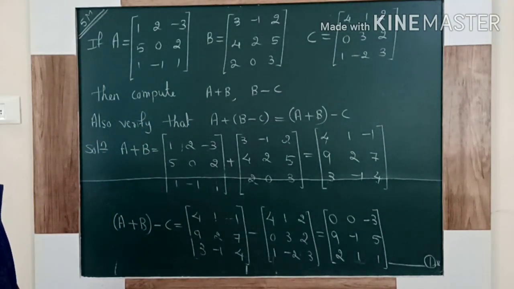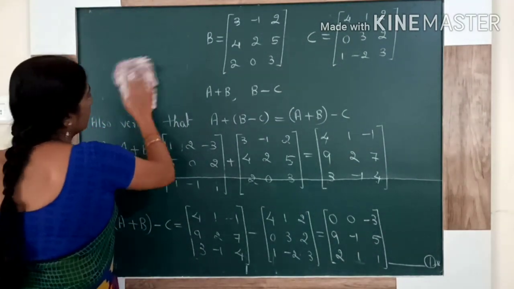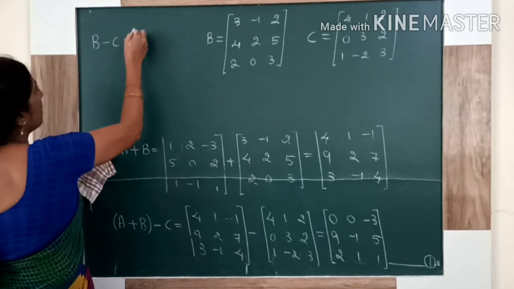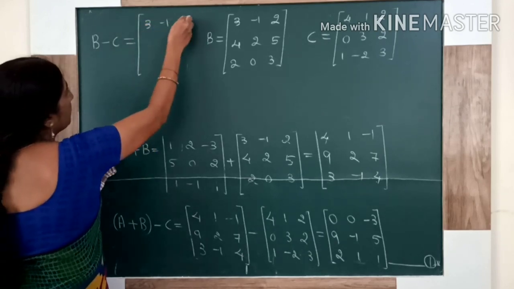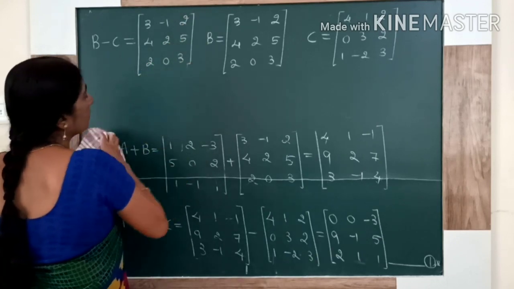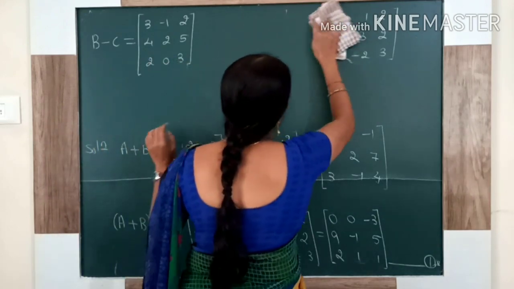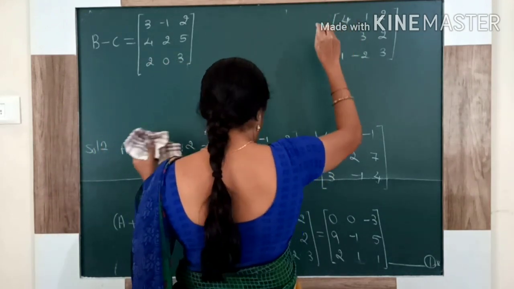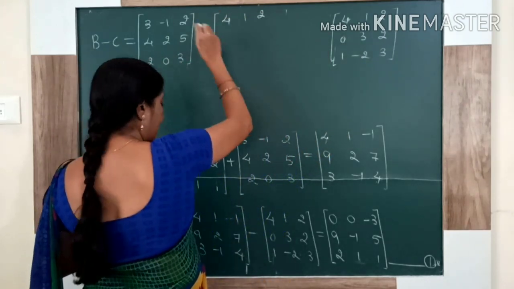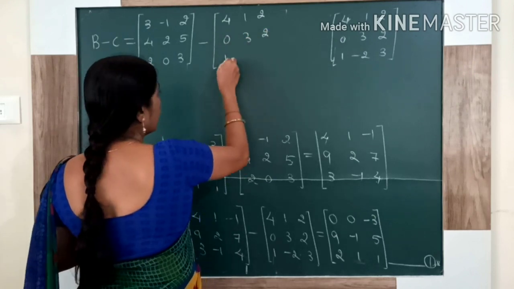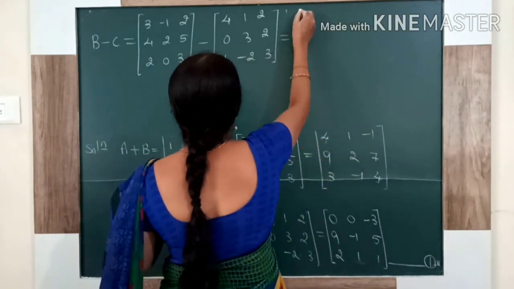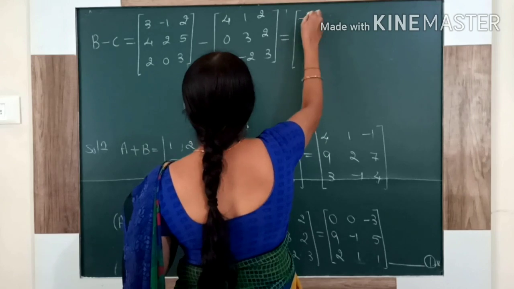After that I am coming to B minus C. I am writing B minus C. For that I am writing B first, then C. Just go for subtraction. 3 minus 4, minus 1.